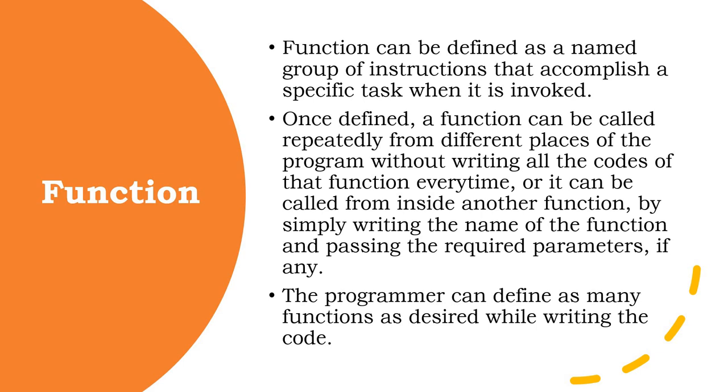So how can we call a function? By simply writing the name of the function and passing the required parameters. Required parameters means if you are writing a function for adding two numbers, then those two numbers you have to provide as parameters.